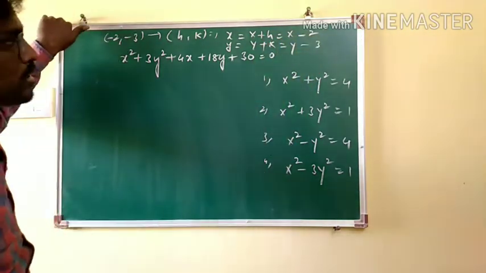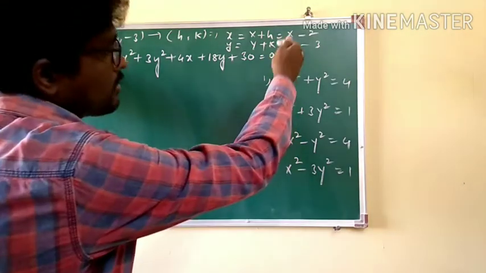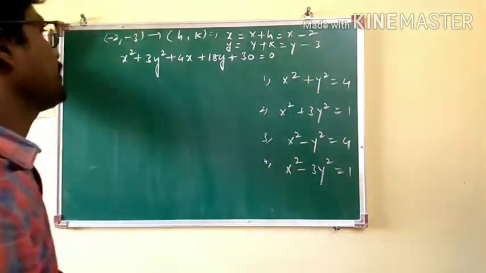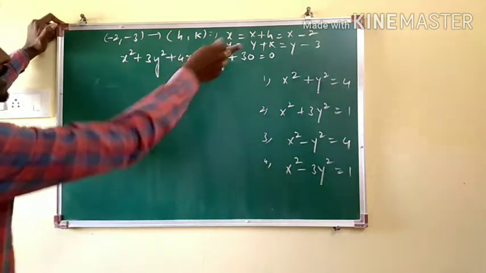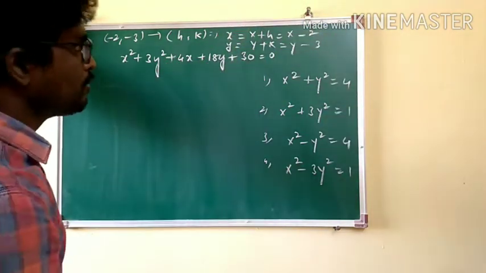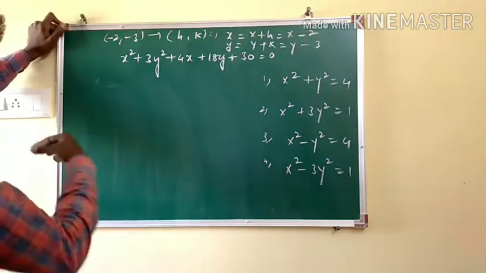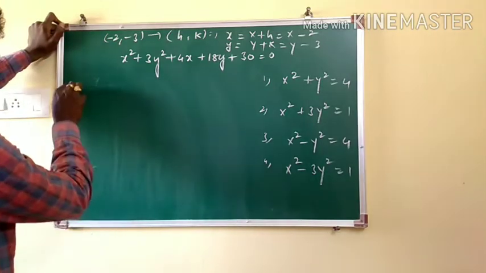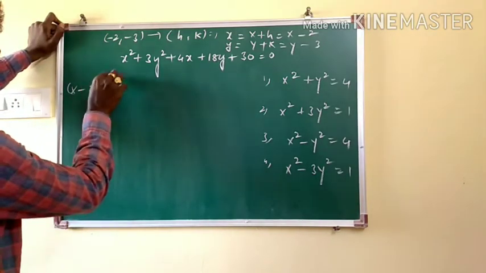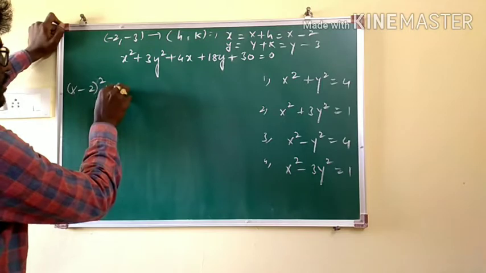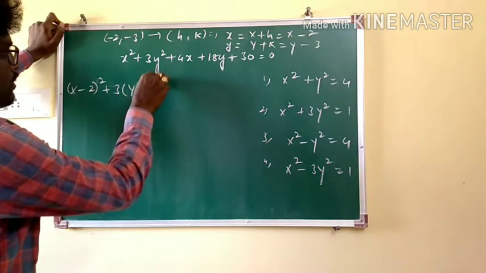Therefore, as the outcome is in terms of capital X and capital Y, we will be replacing x and y with X minus 2 and Y minus 3. Please be careful in calculations. Generally, most of the students may commit errors in simplifying the equations.